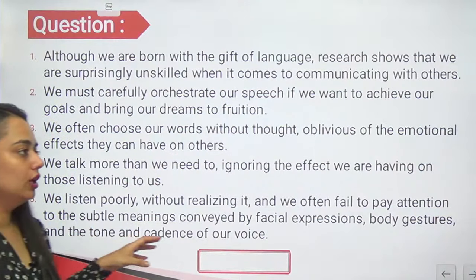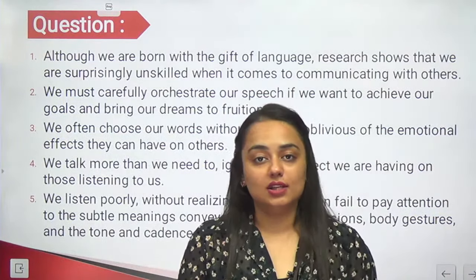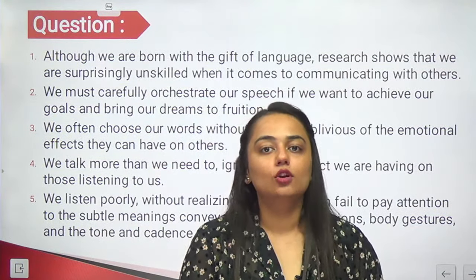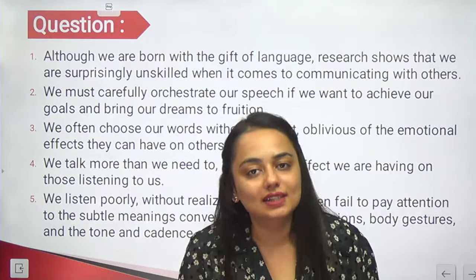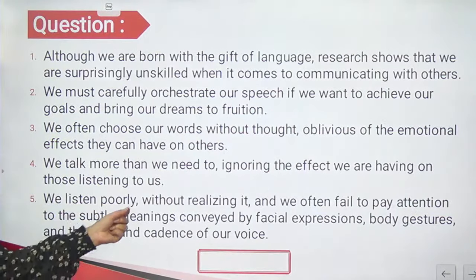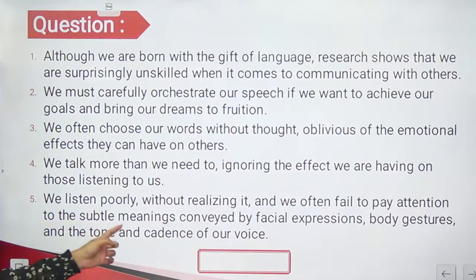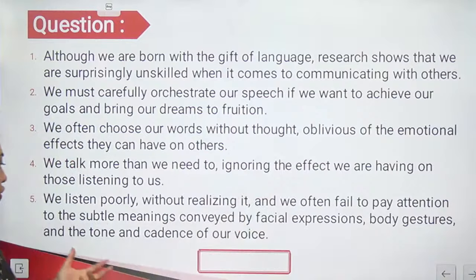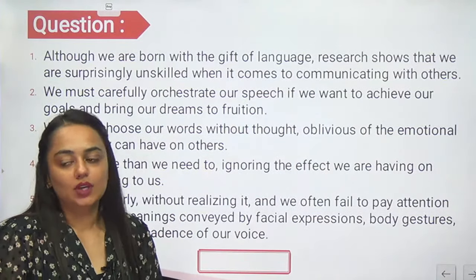So all in all, most of the lines are about how our communication is often unsuccessful, and the idea behind this is, first, we are not considerate about the emotion of the other person. Second, we don't listen carefully. We listen poorly without realizing it, and we often fail to pay attention to the subtle meanings conveyed by the facial expressions, body gestures, and the tone and cadence of our voice.